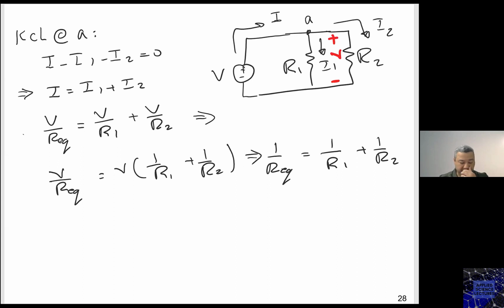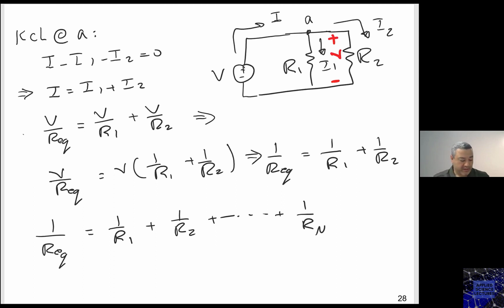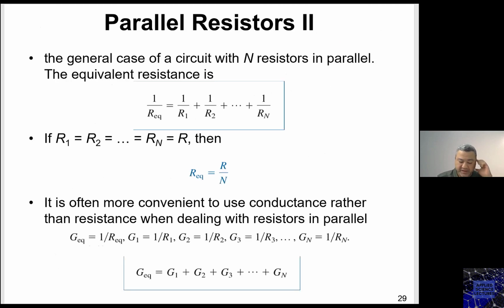Now we can extend this to n resistors in parallel. So the general equation will be 1 over R equivalent equals 1 over R1 plus 1 over R2 plus ... plus 1 over Rn. So this is the general expression for n resistors that are connected in parallel.